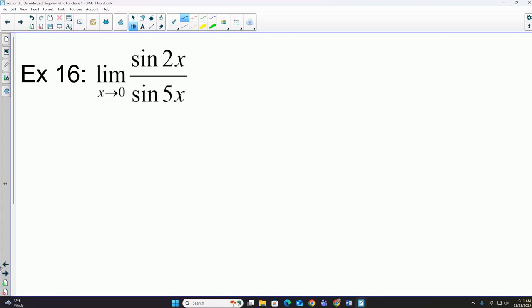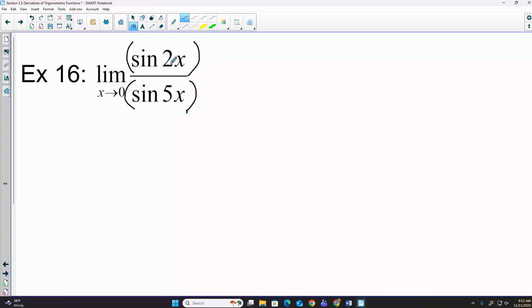Okay, first of all, can I just plug in my 0? No. No, because I get 0 over 0, and that doesn't work. It's not even really set up to do like sine of 2x over 2x, is it? But it is legal to multiply both the top and the bottom by the same thing.